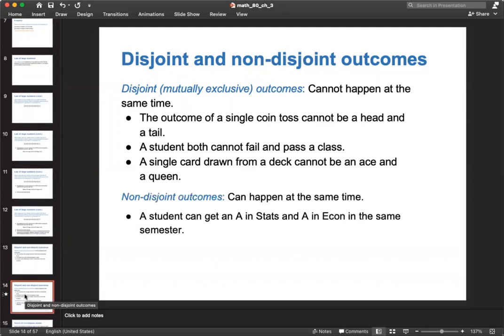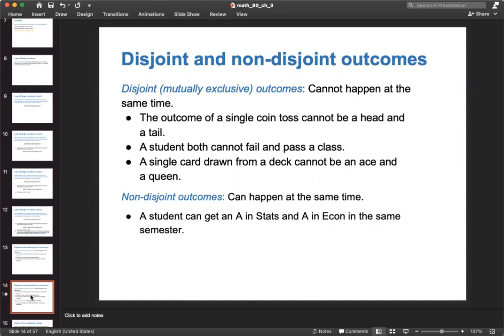How about non-disjoint outcomes? These are outcomes that can happen at the same time. For example, you can have a student who gets an A in statistics and an A in econ in the same semester. So the event that a student gets an A in statistics and the event that a student gets an A in econ in the same semester are non-disjoint because they could occur at the same time.